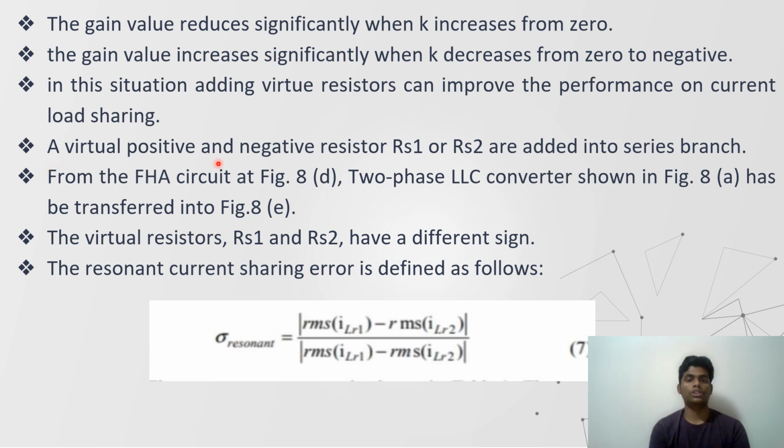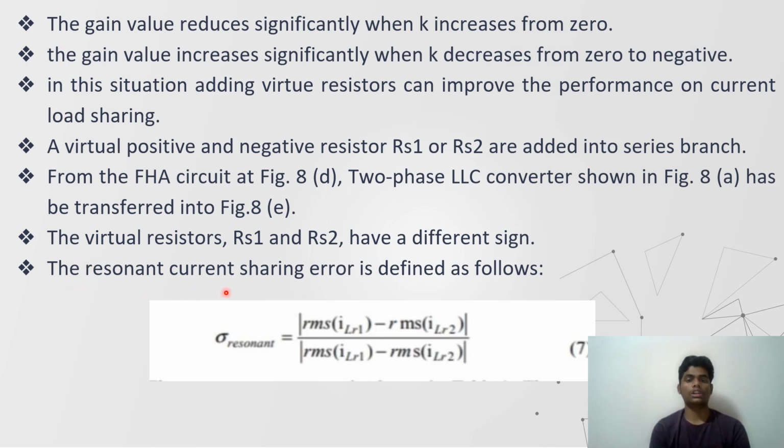A virtual positive and negative resistor R1 or R2 are added into the series branch. From the FHA circuit at figure 8d, the two-phase LLC converter shown in figure 8a has been transformed into figure 8e. The virtual resistors R1 and R2 have different signs.